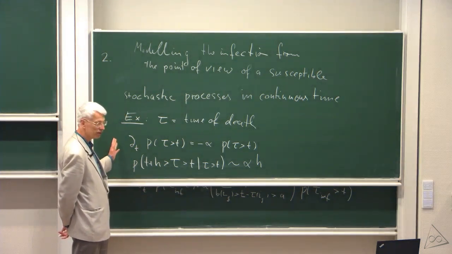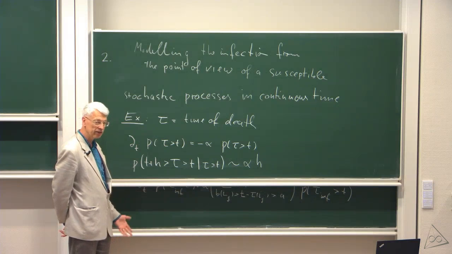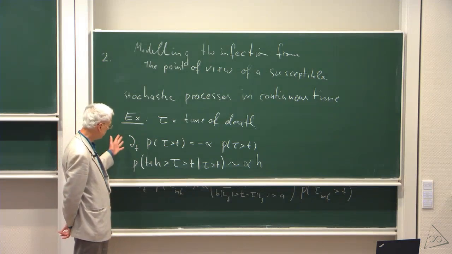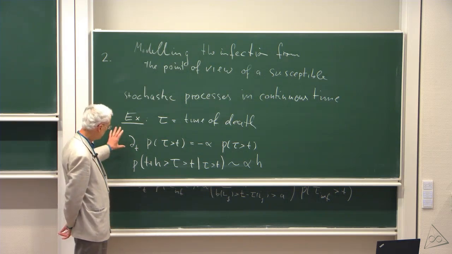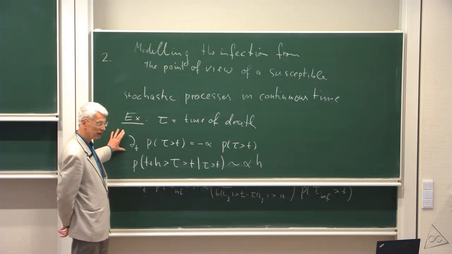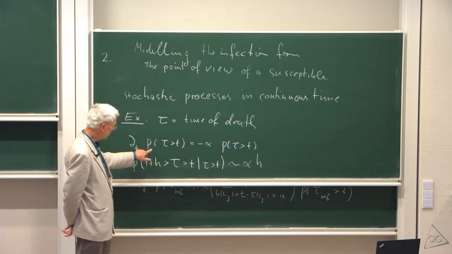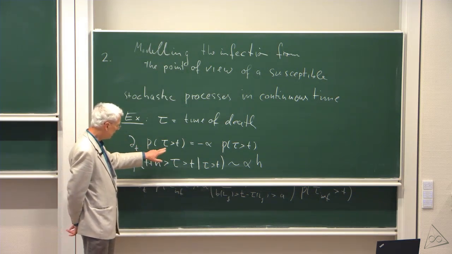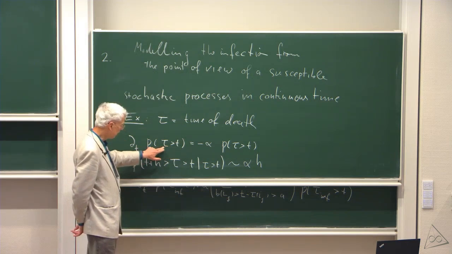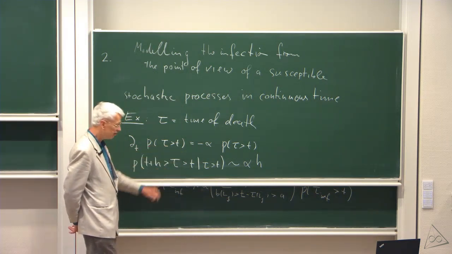Now, how does this couple at all to something like an ordinary differential equation? So something which has a rate of change per time. What has a rate of change per time is the probability that you yourself die later than t.